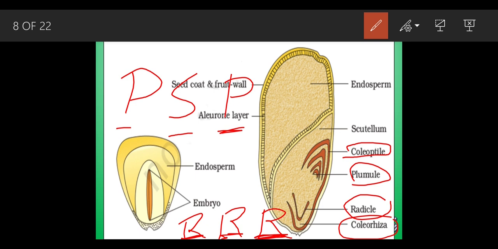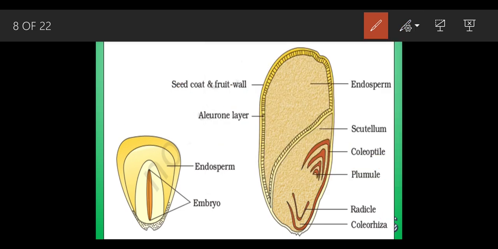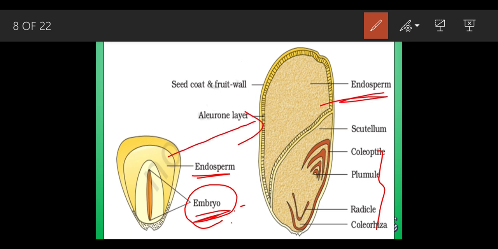In both terms coleo is common, only rhiza and ptile differ, that is why PSP and triple R. The coleoptile, plumule, radicle and coleorhiza are all structures of the embryo. The outer part is the endosperm, and this is the embryo structure, which lies inside the cotyledon part, that is the scutellum.